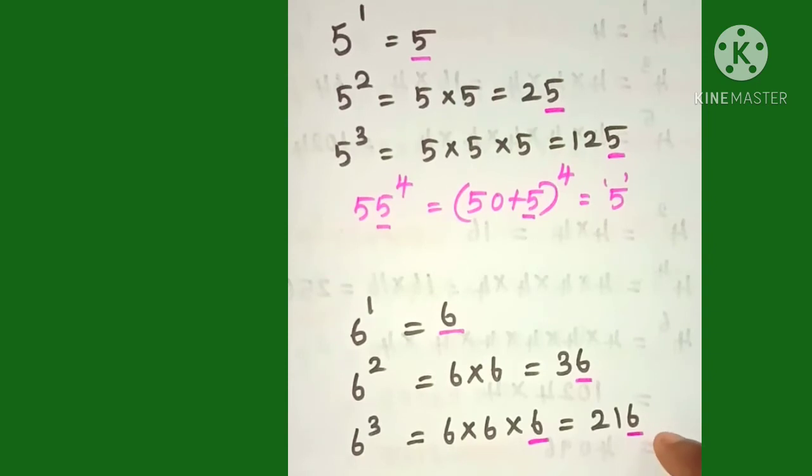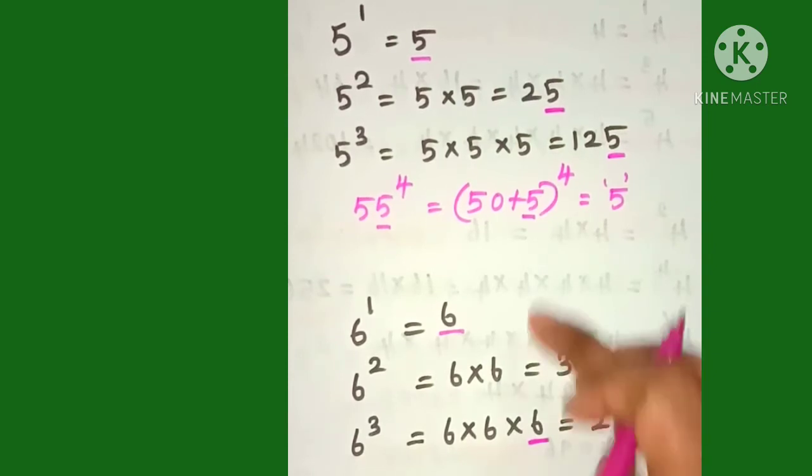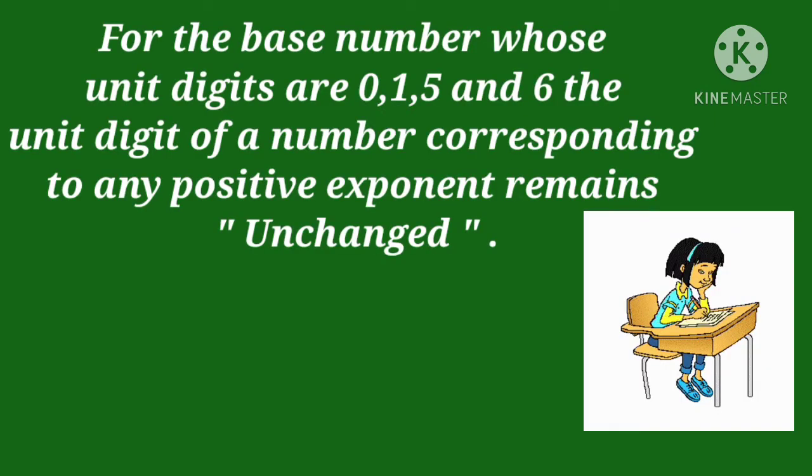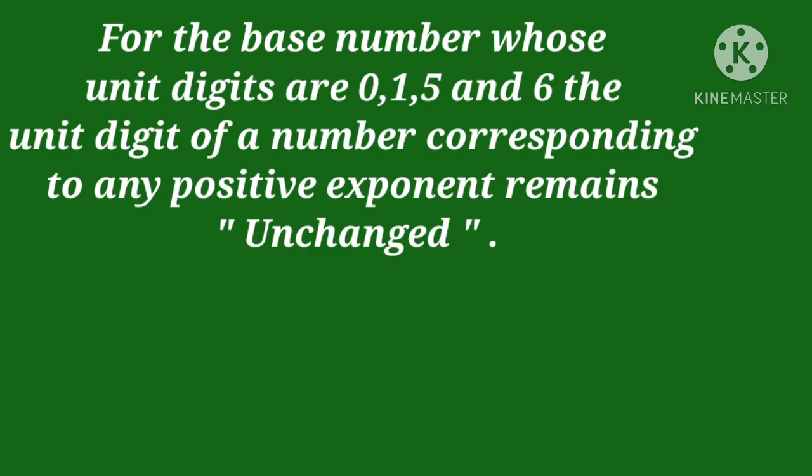The unit digit of the number with base ending with 5 and 6 are 5 and 6 itself. Thus, we conclude that for the base number whose unit digits are 0, 1, 5 and 6, the unit digit of a number corresponding to any positive exponent remains unchanged.